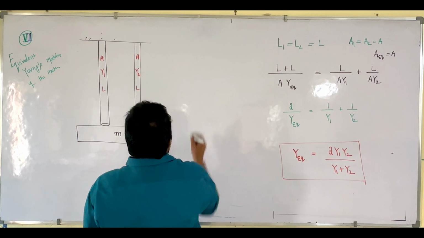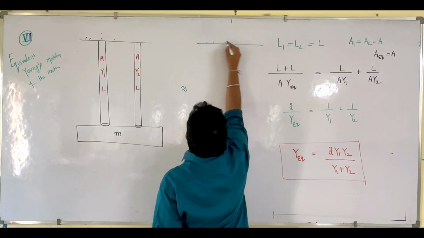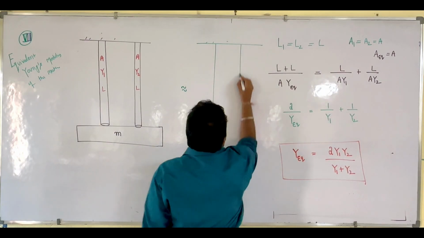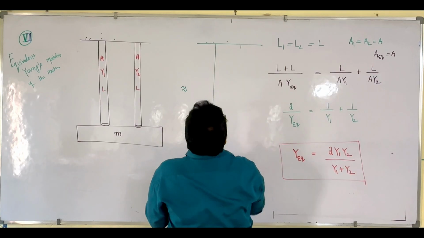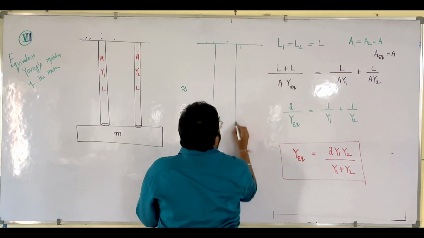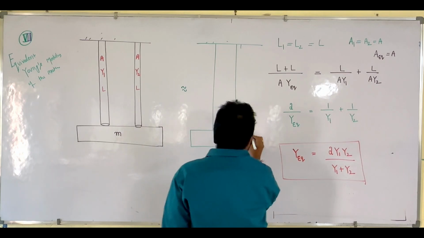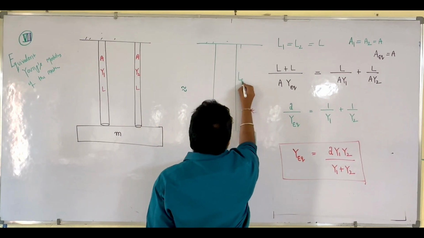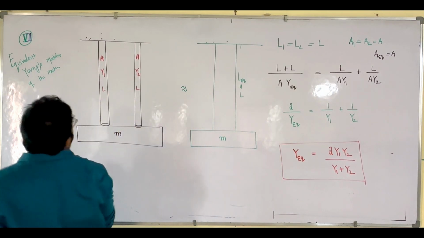This is the equivalent system, consisting of one rod. A equivalent equals how much? So the length would be, L equivalent equals how much? L only, since it is a parallel combination.